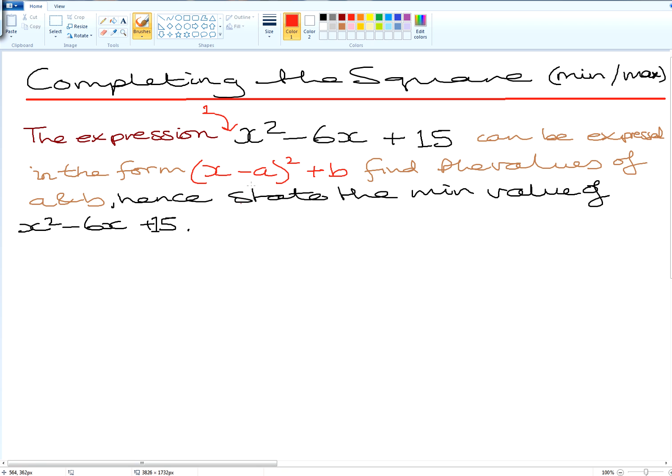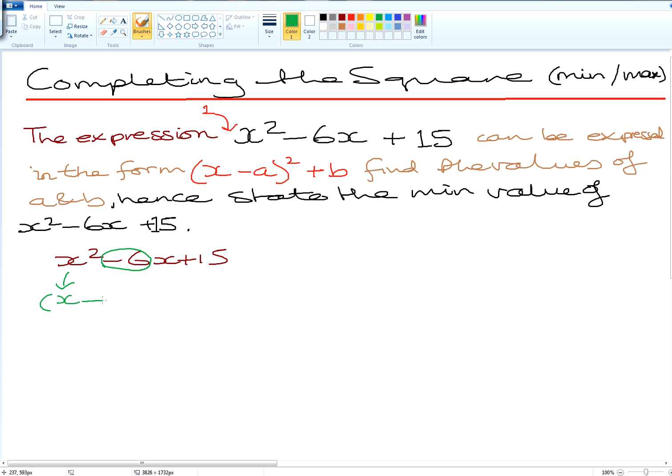Now let's have a look. Let's copy it down. So we have x squared minus 6x plus 15. What we do here, we first of all copy down the x, as you see here, in the bracket. The next value here, which is minus 6, we need to halve it.